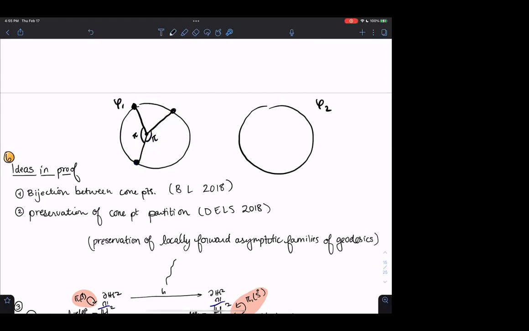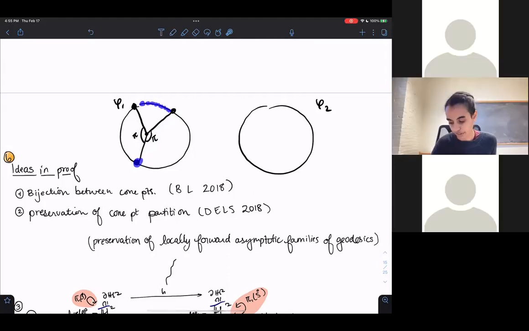But there's no way for me to have this endpoint and any point in here in G phi1. This is not possible because the geodesic that goes between this and any point in here will have to pass through the cone point. And because G phi1 equals G phi2, the same betweenness properties are going on here.